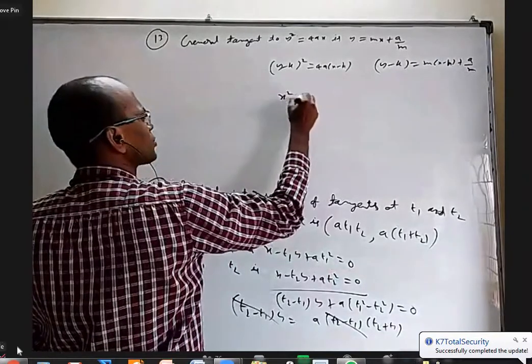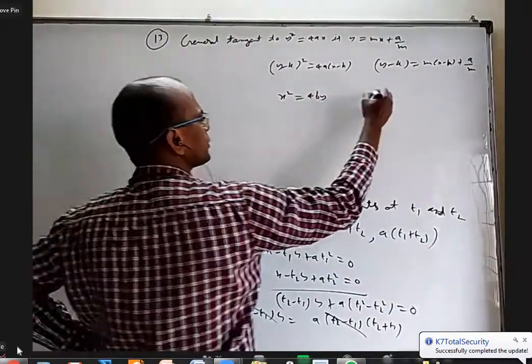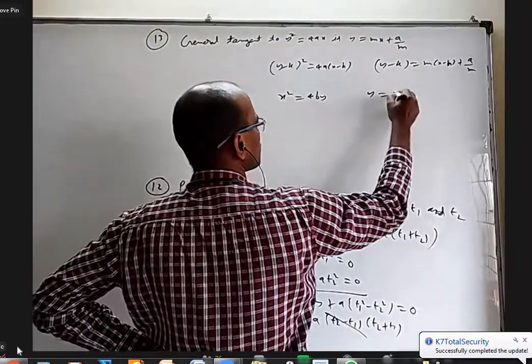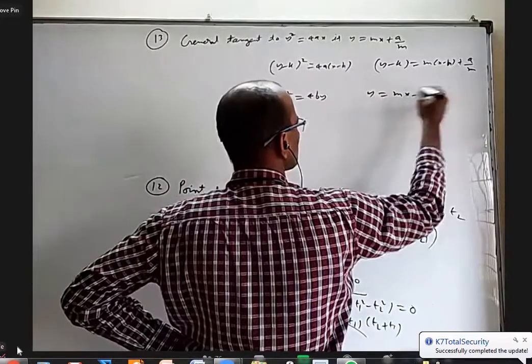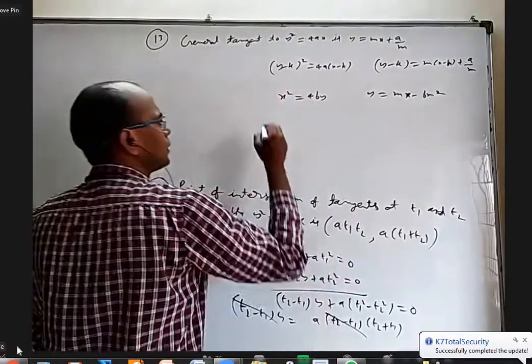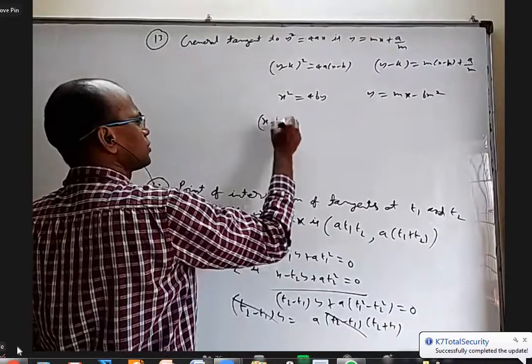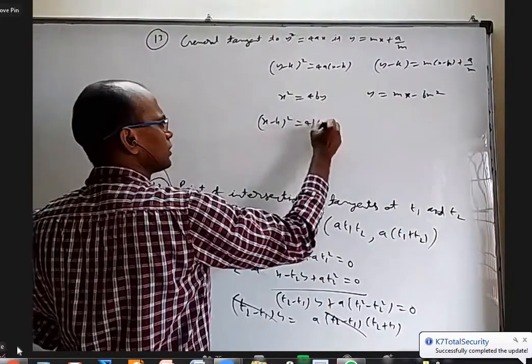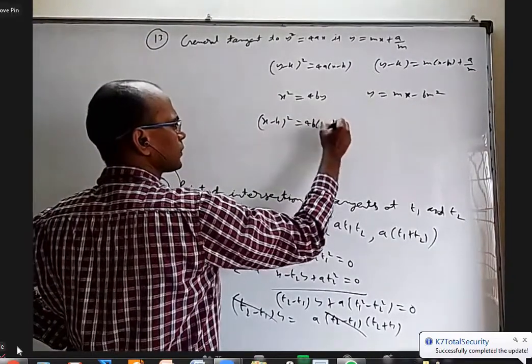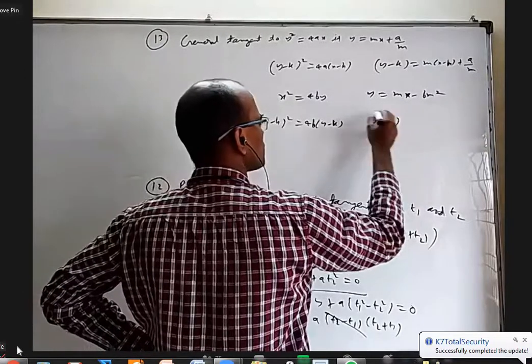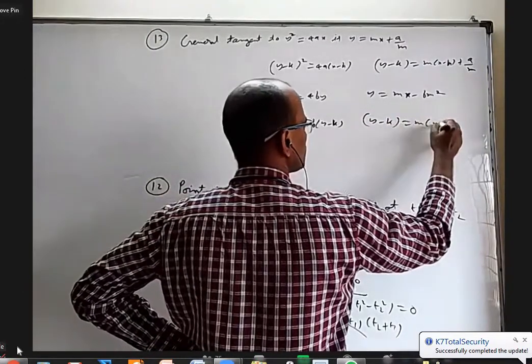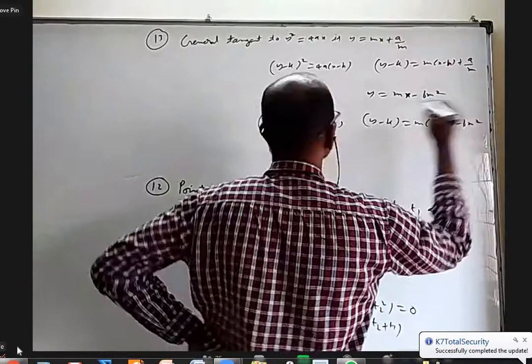If it is x square equal to 4by, it is y equal to mx minus bm square. And if it is x minus h whole square equal to 4b into y minus k, it is y minus k is equal to m into x minus h minus bm square.